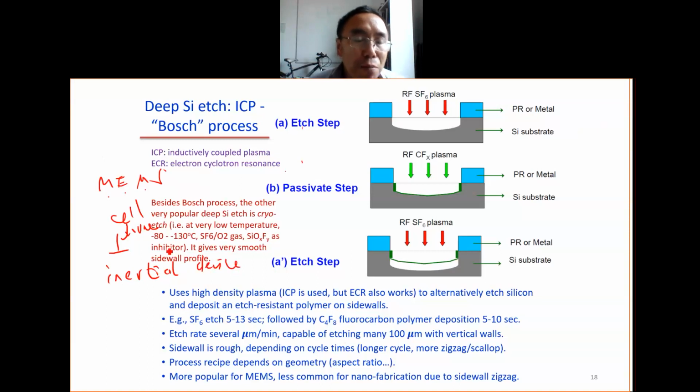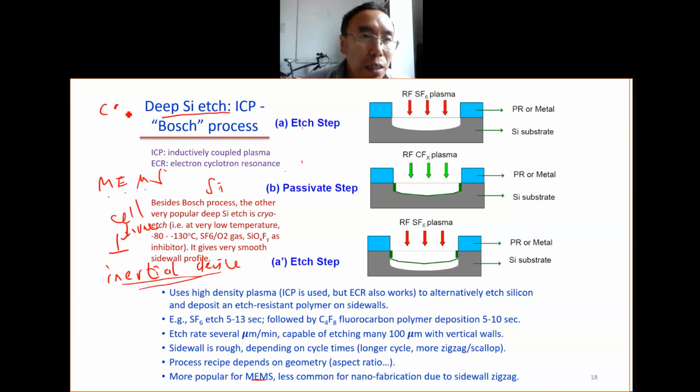Each cell phone has maybe quite a few inertia devices. The inertia device is based on silicon, and this is the most popular MEMS application. And for this one we use deep silicon etching. We use deep silicon etching to make the inertia device. It controls the screen rotation when you flip the cell phone.